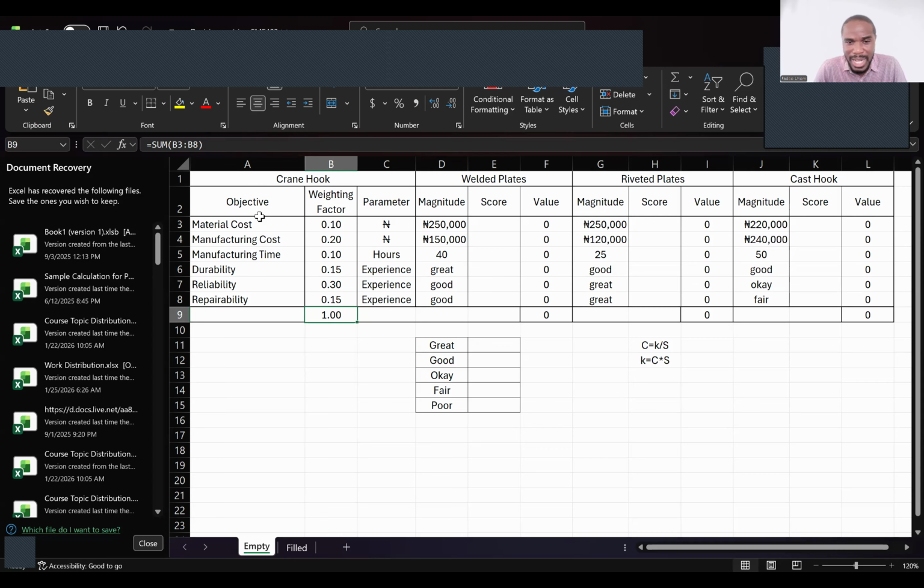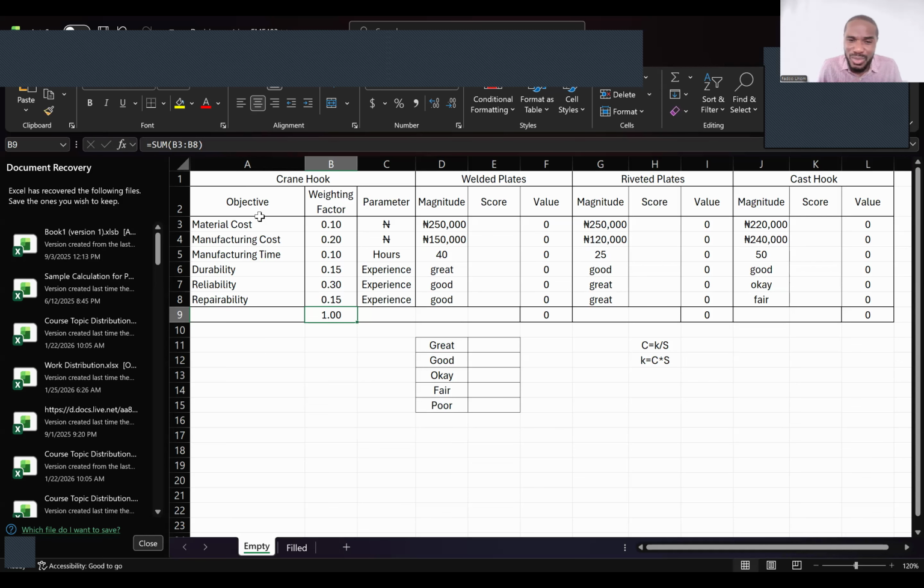Then which one is next most important after reliability? Manufacturing cost. I don't want to spend too much at the manufacturers. Then durability and repairability share the same level of importance. Then after that, material cost. Manufacturing time is not the problem.